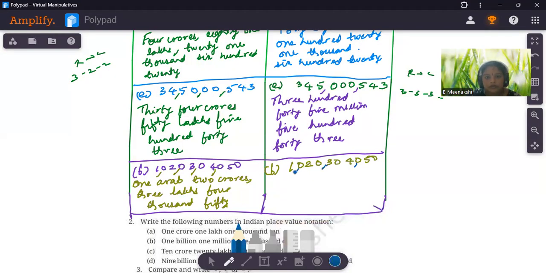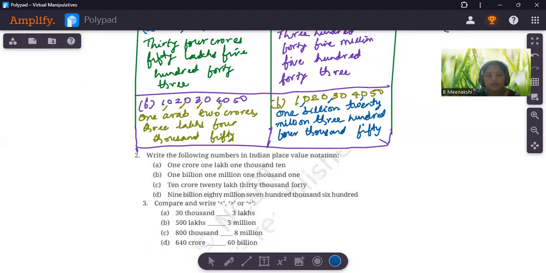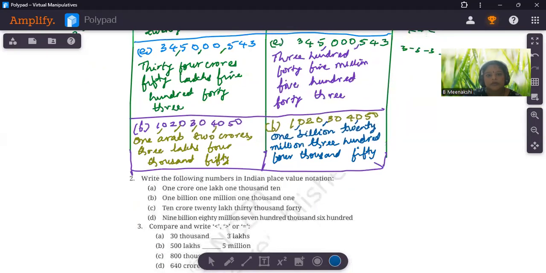So this becomes 1,20,304,050. Okay. So this is the place value system.